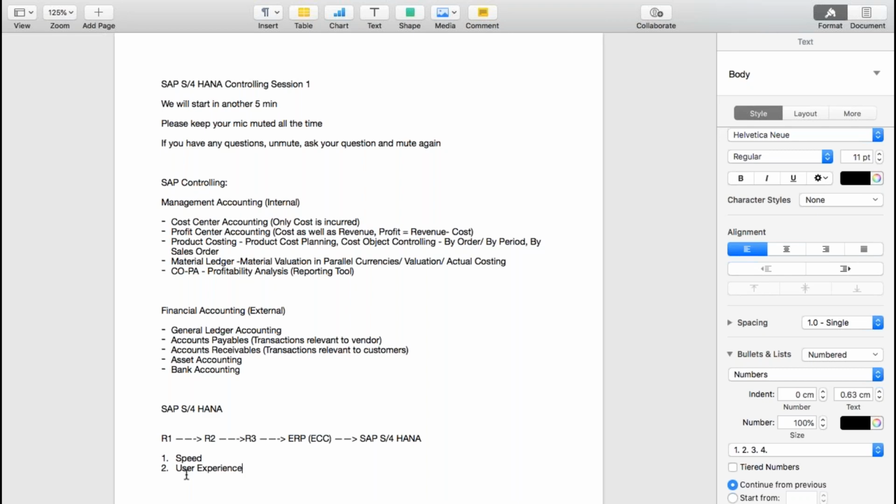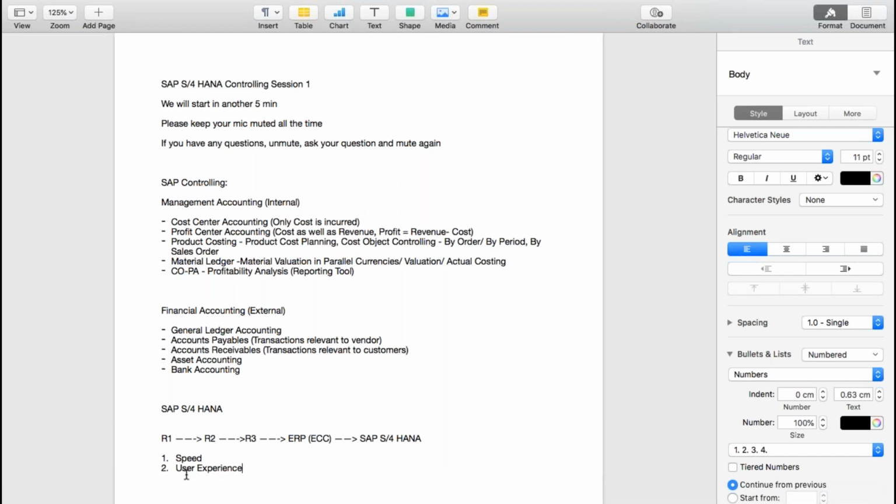But for SAP, if you talk about ECC, if I want to do a single transaction, is it possible to do it through mobile? Very difficult, right? I need to be in front of a PC, I need to go to the particular transaction, and that transaction also has more than 200, 300 fields. As a user, I might get confused about which fields to enter and which fields to keep blank, right? Those are the challenges.